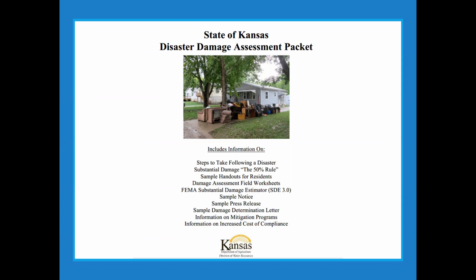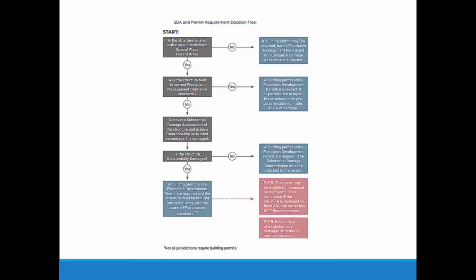Once all of your assessments are done, you have to send out the damage determination letter, and again, they need that to be able to make their ICC claim. Then there is information on mitigation programs. There are specifically post-disaster grants that are available if you have a presidentially declared disaster, so that might be something you would be interested in after that.